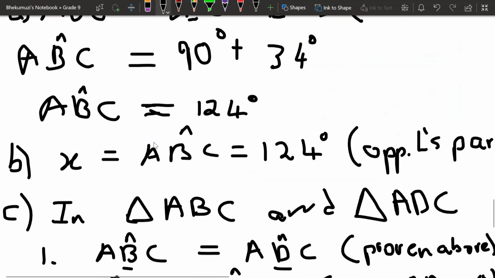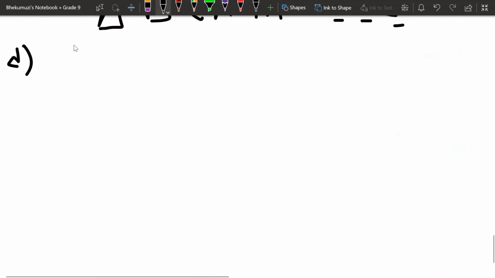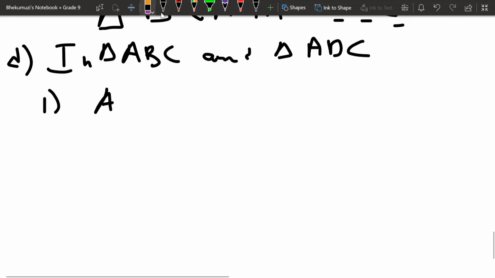If you notice that in triangle ABC and triangle ADC, we can see that one, the length AB is equal to the length BC, right?